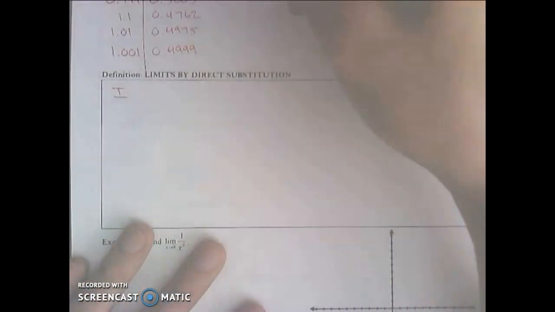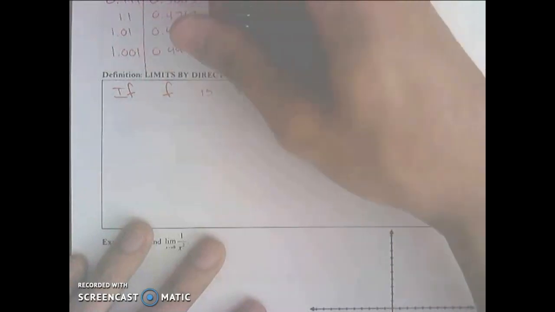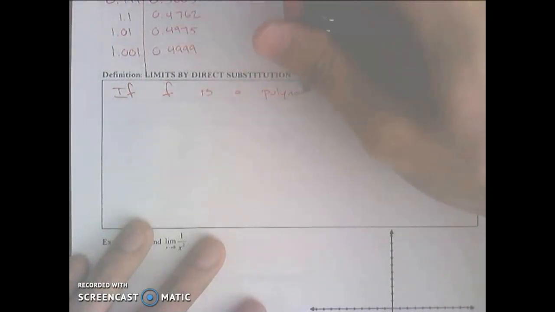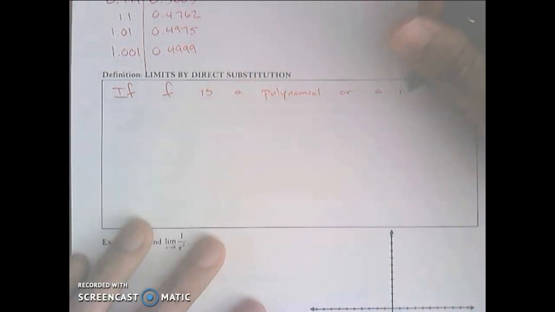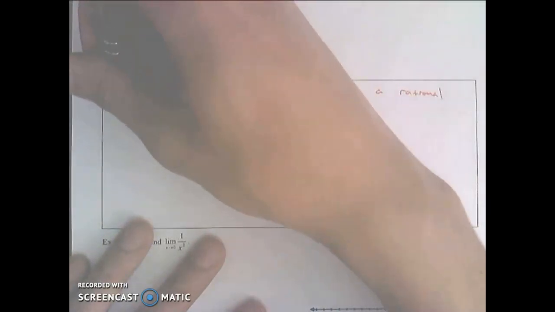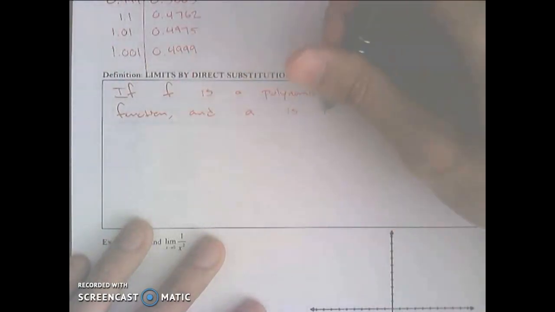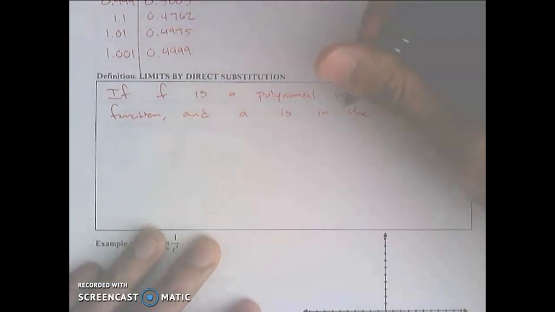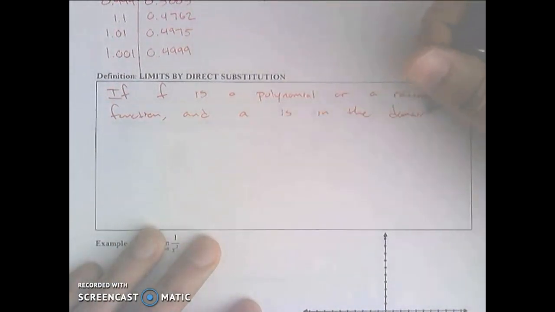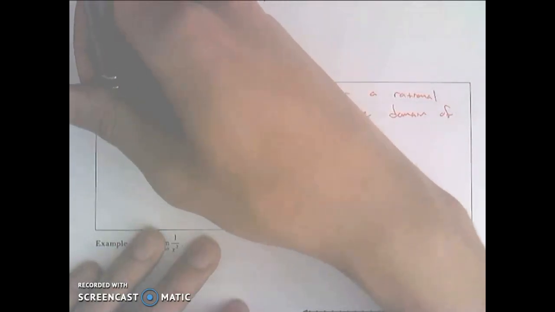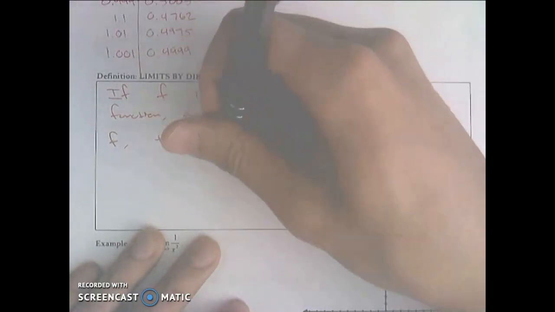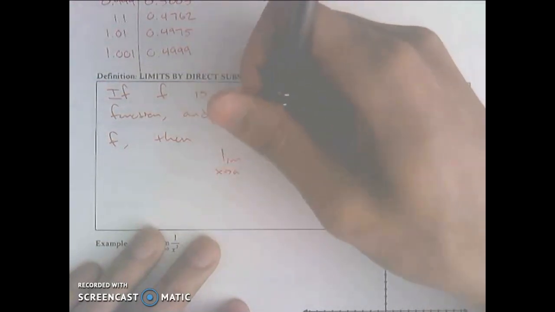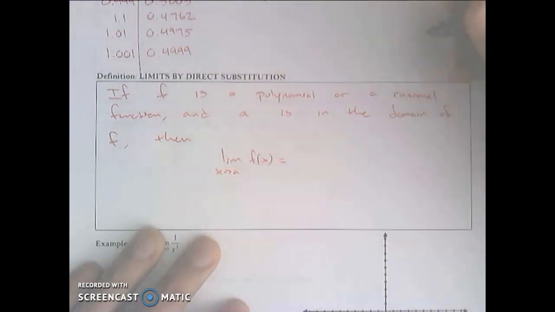So the definition for finding limits using direct substitution is: if f is a polynomial or a rational function, and a is in the domain of f, so it's not undefined, it's not a vertical asymptote or anything like that, then we can say that the limit as x approaches a of f of x is equal to f of a.